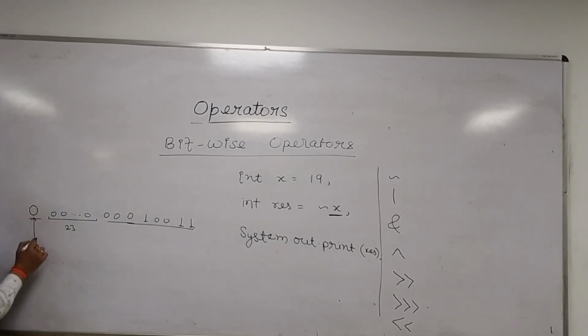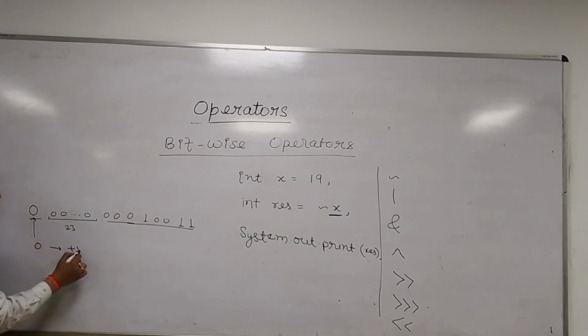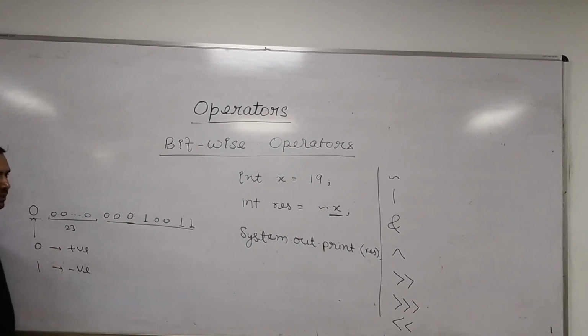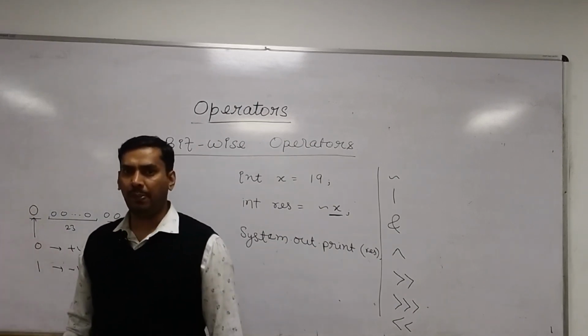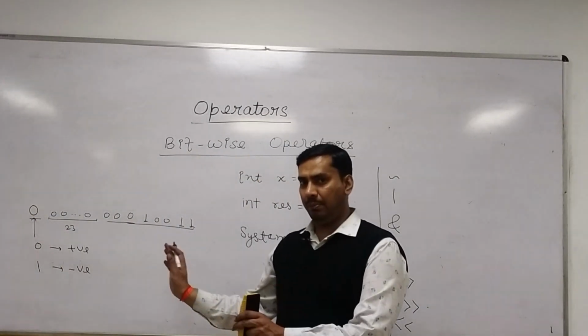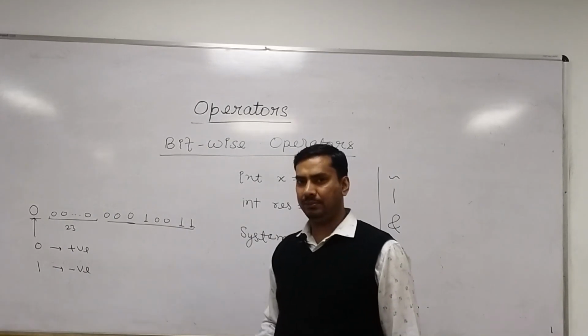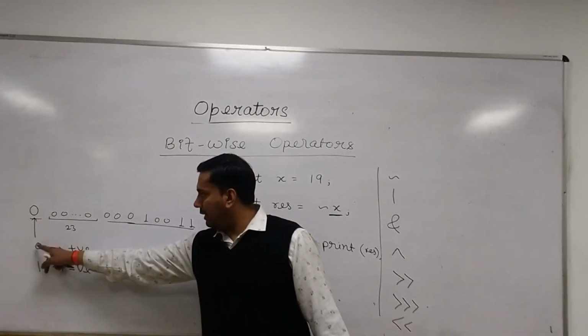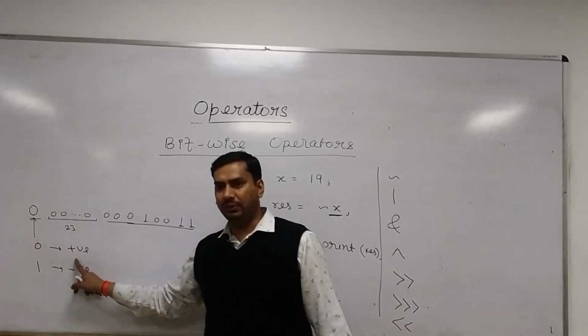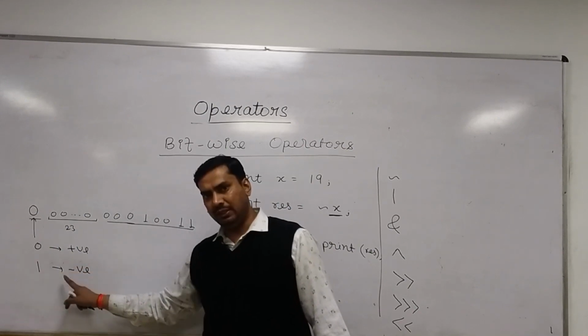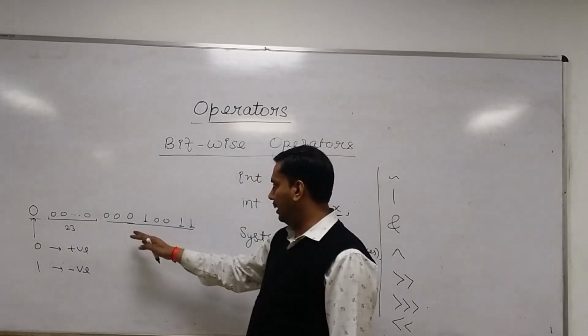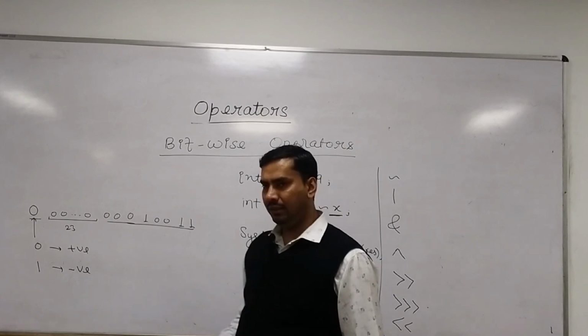MSB 0 means it is a positive value and MSB 1 means it is a negative value. This is very important because it is going to be part of your calculations. So if my MSB is 0, it is a positive value; if my MSB is 1, it is a negative value. So I have represented 19 in this manner.